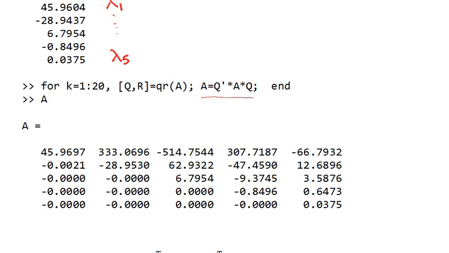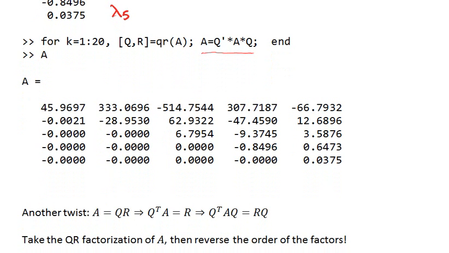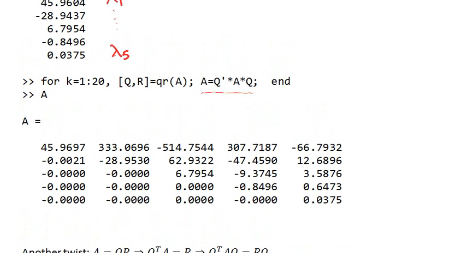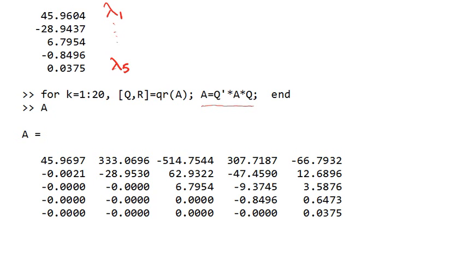Okay, and what we see is after 20 iterations of this, at least to this number of digits, most of those numbers in the lower triangle are 0. And if you compare the eigenvalues, these diagonal numbers are looking an awful lot like the eigenvalues of the original matrix that we're looking for. And so this matrix is somehow close to T, triangular.